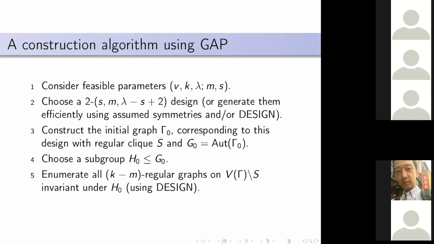So this subgroup is a choice you make to speed up the search, but unfortunately, if you pick a group that's too large, we may miss some possible Neumaier graphs. But at this point, we only have to do one more thing, and that's stick on the edges and see if we have an edge regular graph.